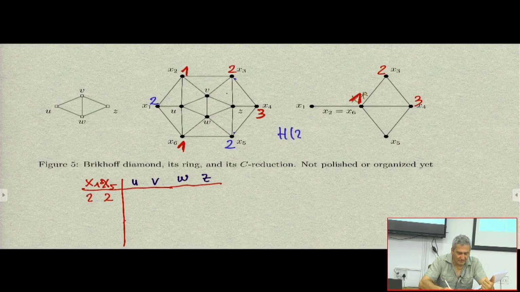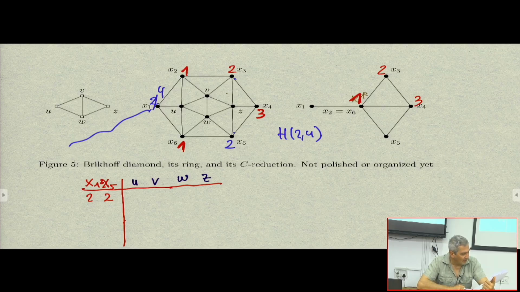H24. And he said, if x1 is not in the same component as x3 and in the same component x5, then recolor x1 by 4, using Kempe chain. He will make a Kempe chain here, yes?